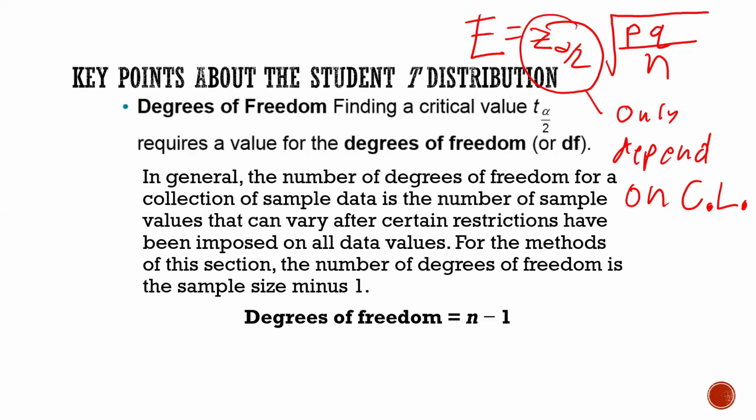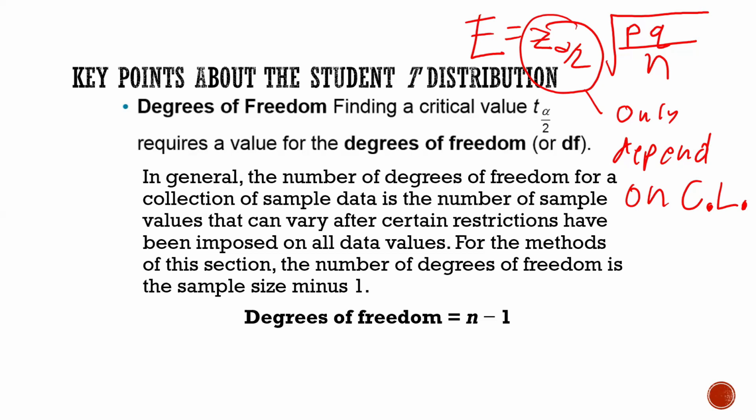Now, the critical value only depended on what I called CL, which I mentioned many times on Monday. CL stands for confidence level, which was either 99%, 95%, etc.